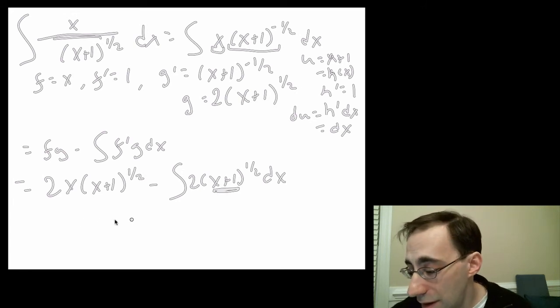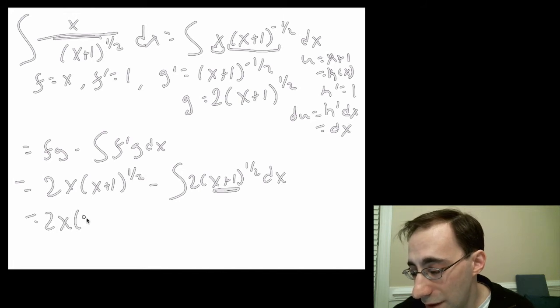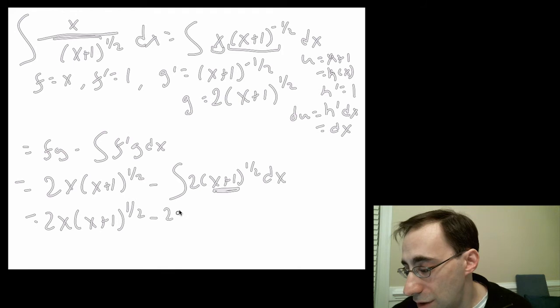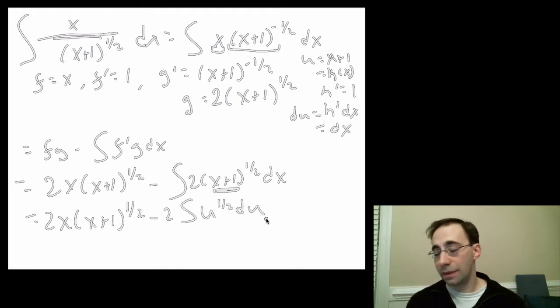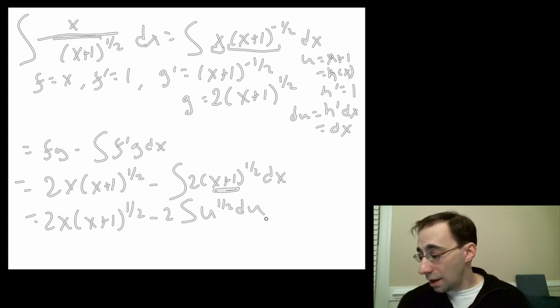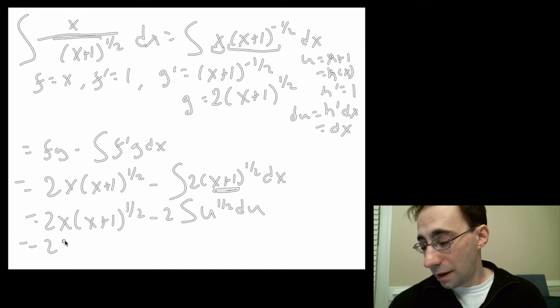This thing down here, writing it all out again, because I have some more room to do this, is 2 times the integral of u to the 1/2 du. I just changed variables from x plus 1 to u. And then I can go through and finish this off.